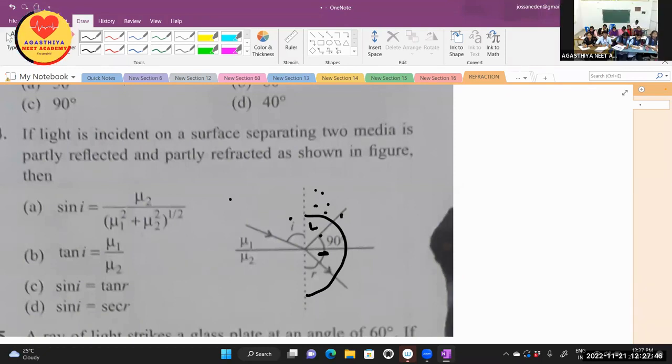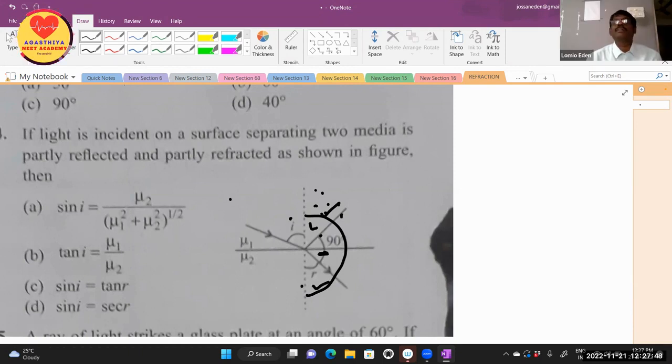Therefore, this I and this R summation should be equal to 90. Already we subtracted 90 from 180. The remaining 90 is the summation of I plus R, that is equal to 90. Therefore, what is R? 90 minus I. Isn't it? Correct?